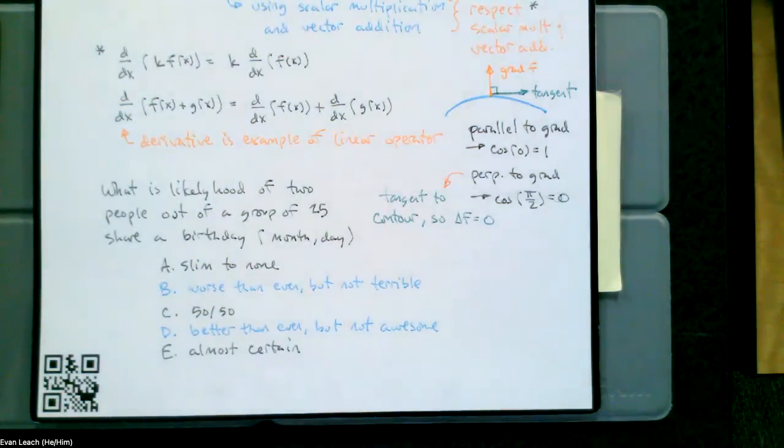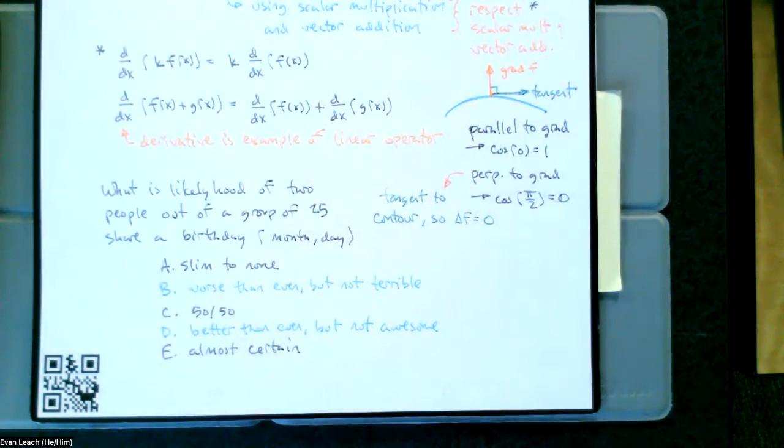Go ahead and vote in the chat if you're still there on Zoom. What do we think? Who's for slim to none? Slim to none. I mean, there's only 25 people, and there are 365 possible birthdays. 366 do that weird leap year thing.